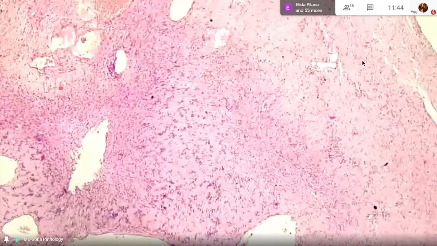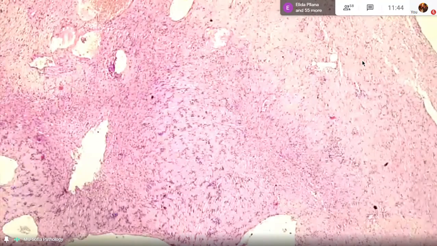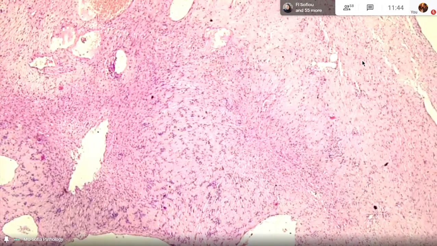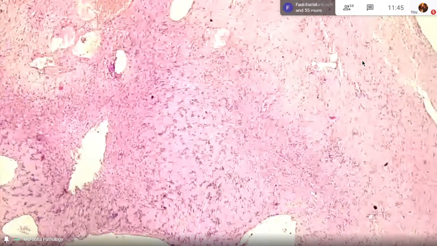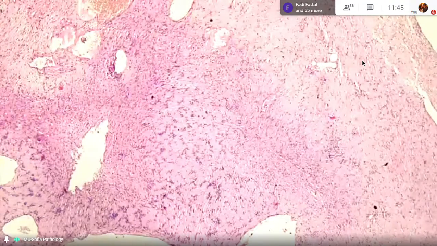Which is the antibody that will give a positive reaction for the Schwann cells using immunohistochemistry? S100? Yes, that's it. S100 protein is very good and it will work.